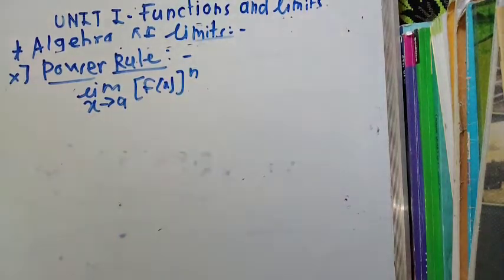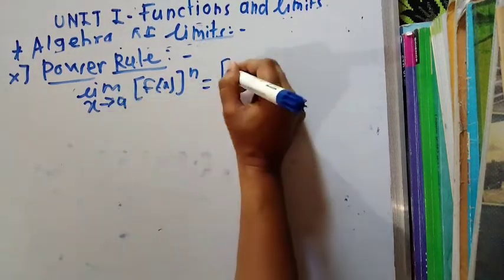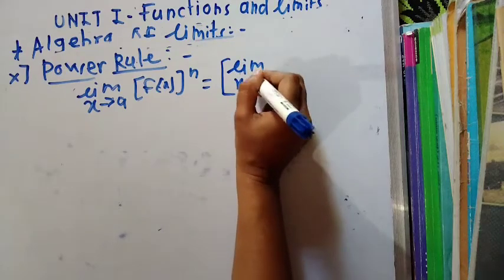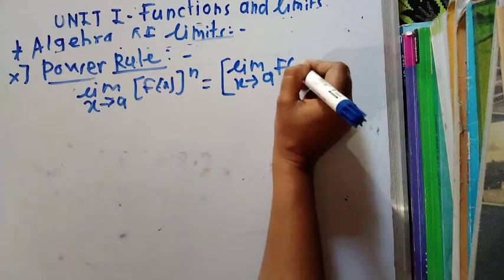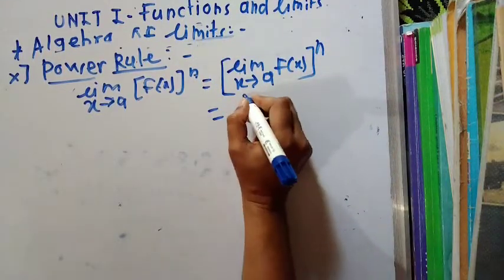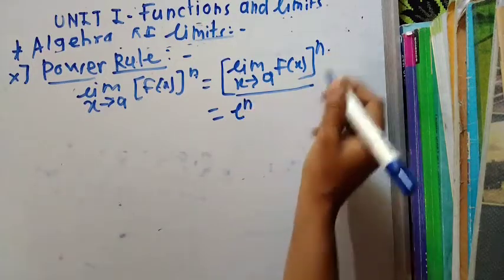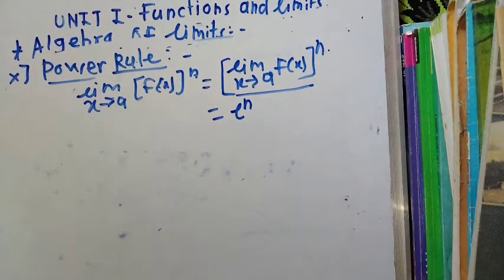Here n is the power. Now separate it: limit x tends to a f of x raised to n, but this limit is taken as L, so L raised to n. This is the power rule. So these rules are to be used. Then let us take the first example.